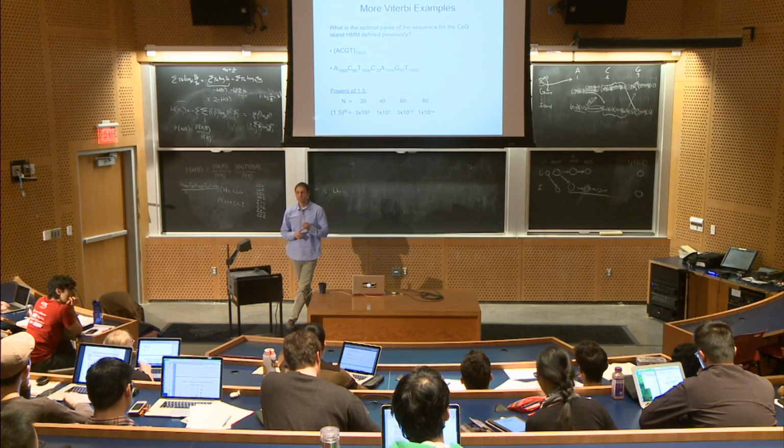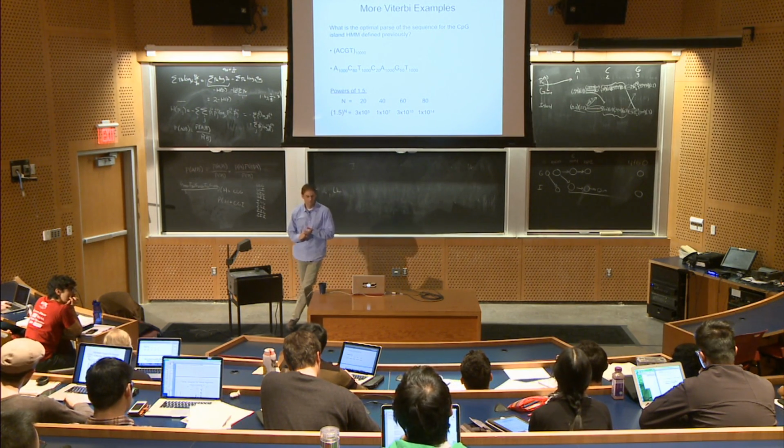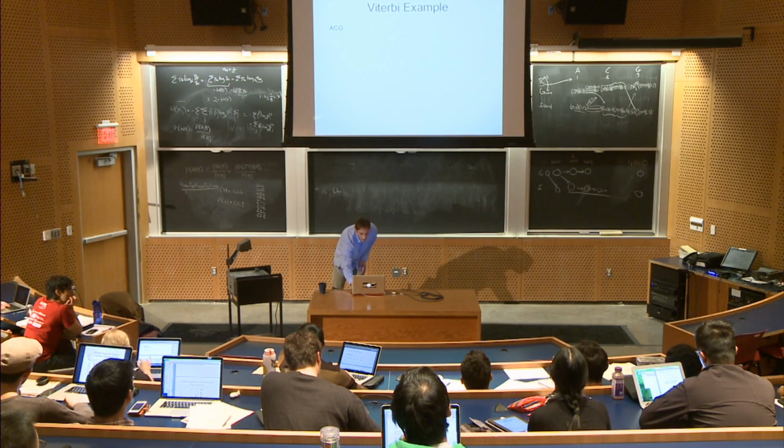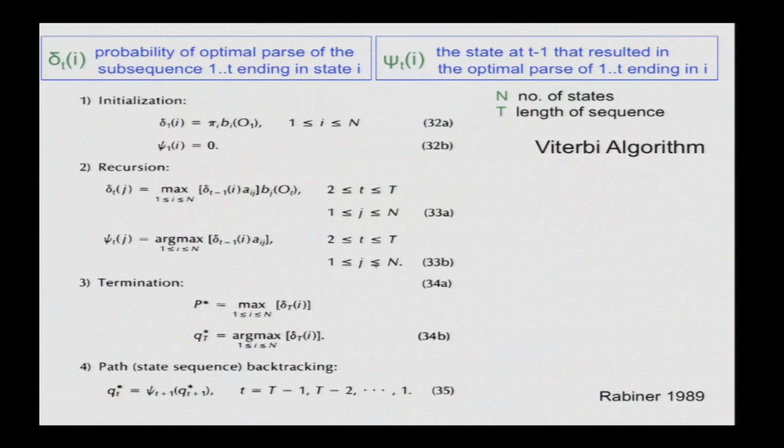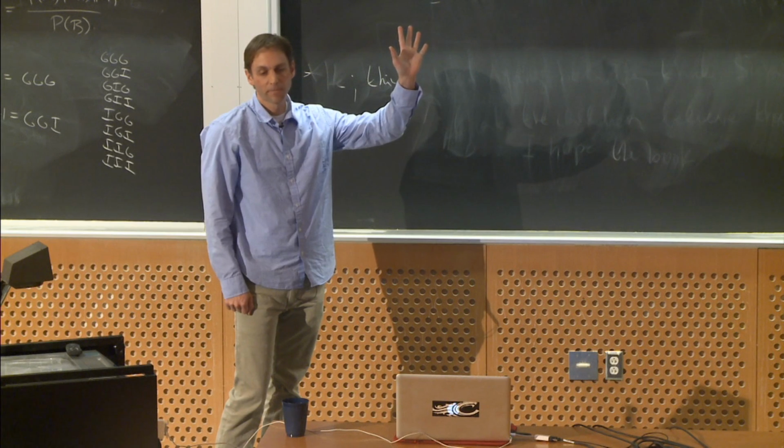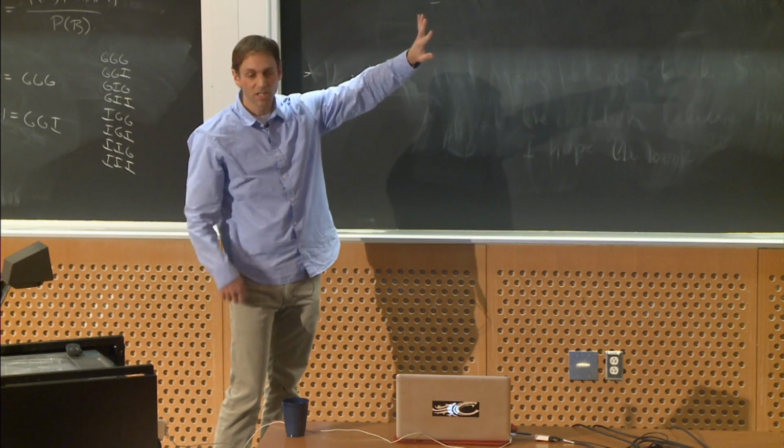I've got k states, sequence of length L. What is the runtime? So I'm going to put this up here. This might help. So when you look at a recursion like this, when you want to think about the runtime, forget about initialization and termination.